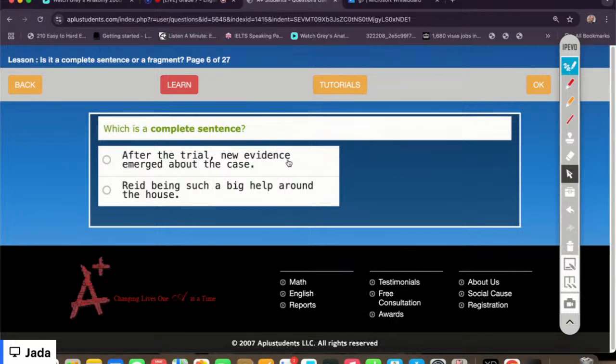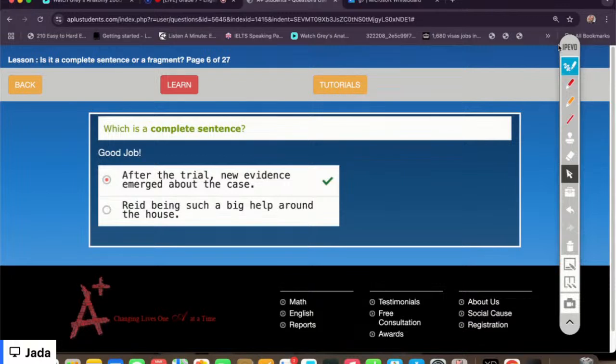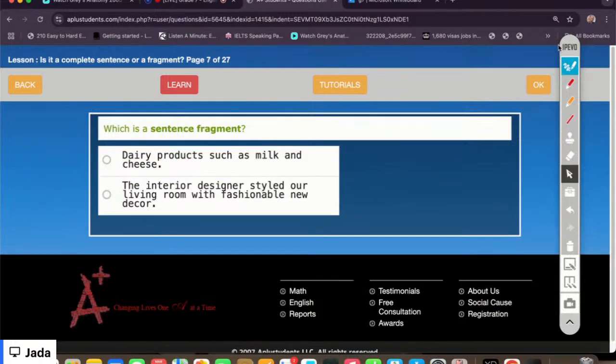Alright, so after the trial, new evidence emerged about the case. Complete sentence. Okay, so sentence fragments.